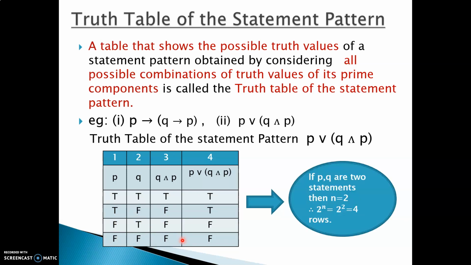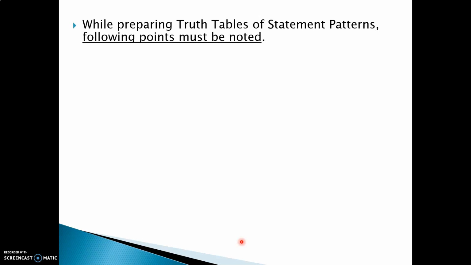So in this table, P, Q are two statements, so n is equal to 2. You can find the number of rows in a truth table by using the formula 2 raised to n, that is 2 squared, equal to 4. That means 4 rows are present here. Similarly, you can find the number of columns also, that we'll discuss in this slide.